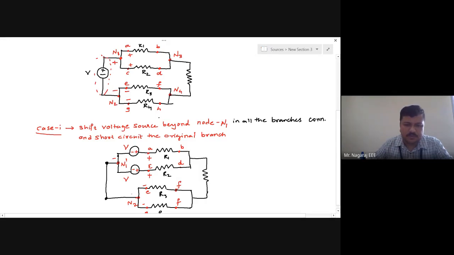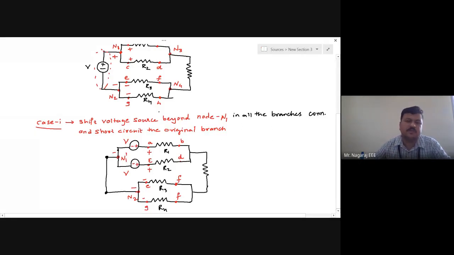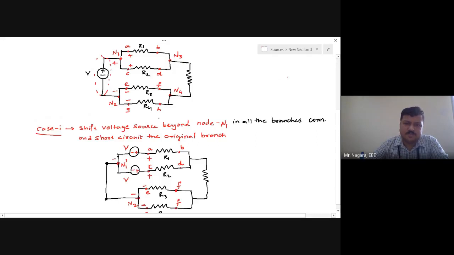Now N2 is also at negative potential. So automatically my terminal E of R3 is negative and terminal G of R4 is also negative. So I have shifted the voltage source carefully in such a way that no element potentials have changed. And this shift is valid, because R1, R2, R3, R4 are at their original potentials.